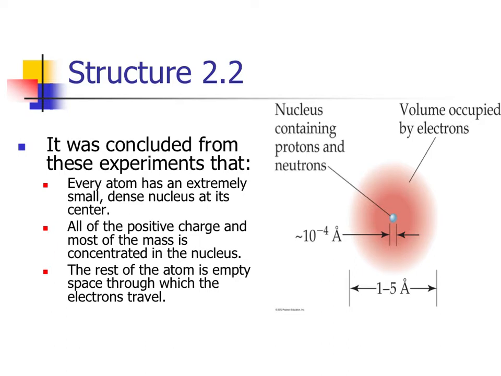The number becomes smaller, easier for us to understand. Rutherford then gives us, again, the nuclear model of the atom because it has a nucleus.